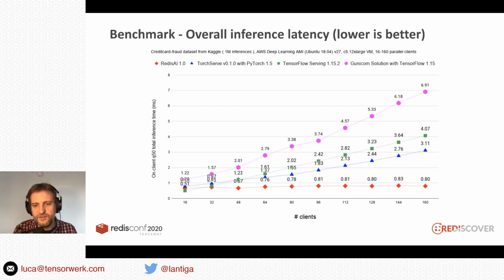So you see that with an increase in the number of clients, we're very stable in being able to serve models. More clients don't mean more time spent managing the connections and transferring data and so on. We're very stable at that.